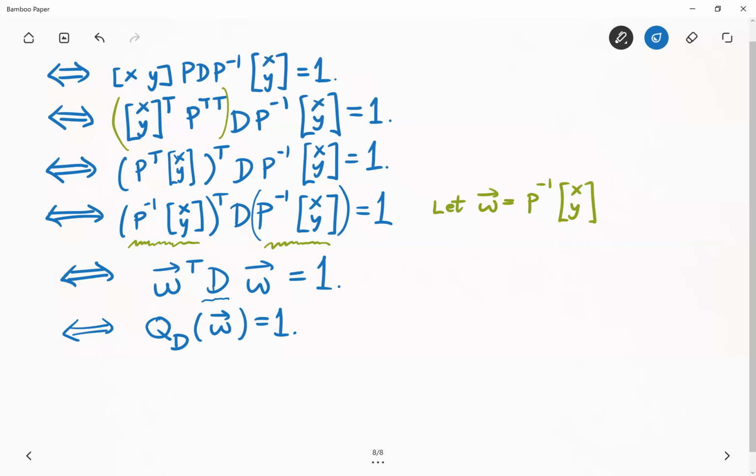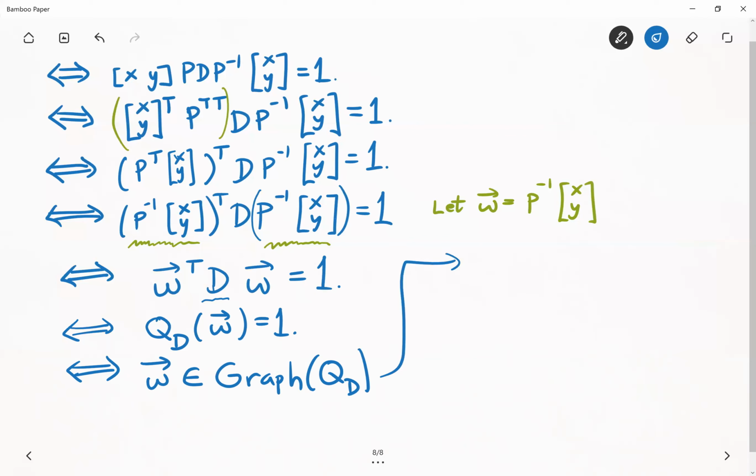Right? And this is true. Well, that's another way of saying that W is on the graph of the quadratic form Q sub D. But you might remember that W is P inverse of xy.